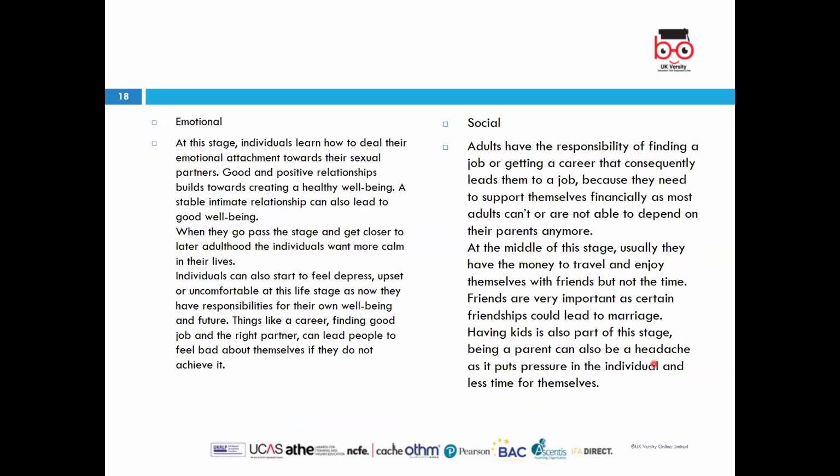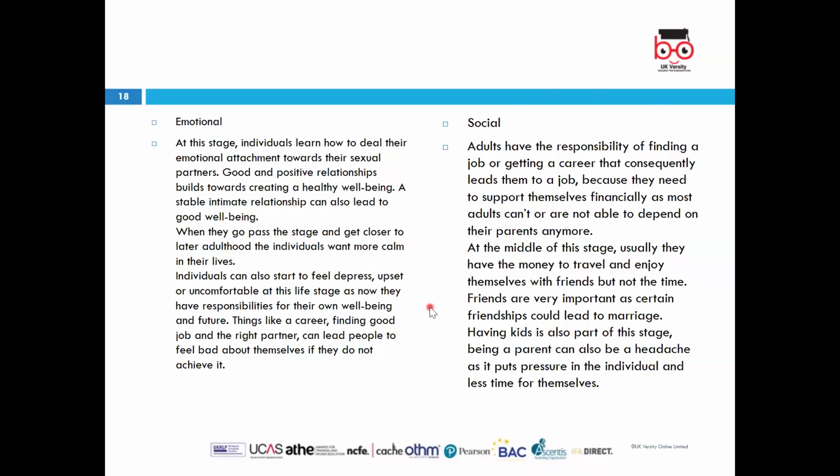Coming towards the emotional component in adulthood, emotions have a lot of role to play in an individual's everyday life and in their growth and development as well. This is the time when you have positive social aspects in life.